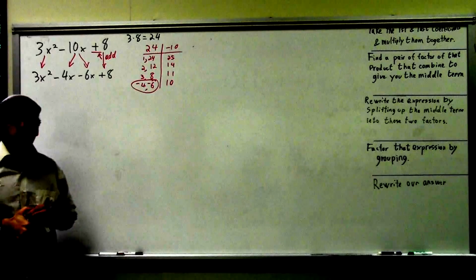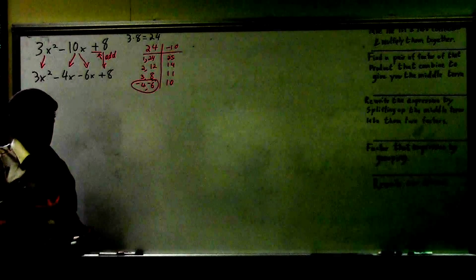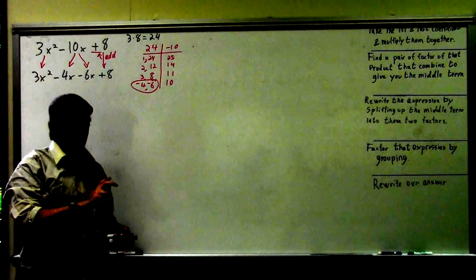Okay. Now, if you want to, you can switch the order of those 2 factors to make the factoring easier. Okay? A lot of people look at this and go, well, 3 and 6 have a common factor, and 4 and 8 have a common factor. Why don't we put them together? So let's do that.